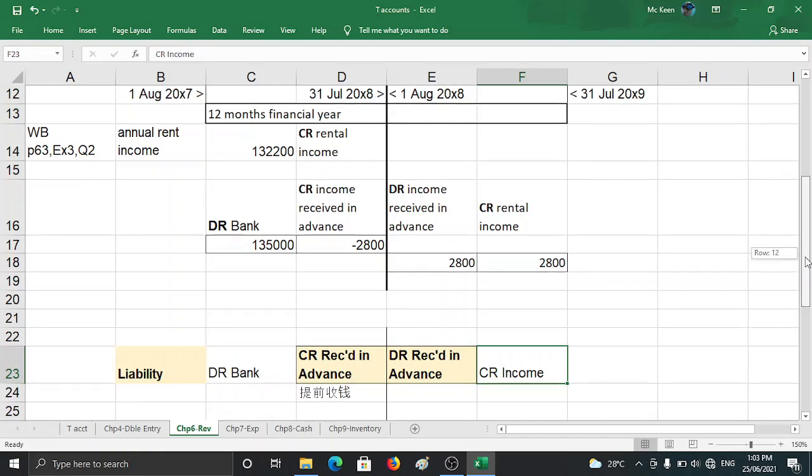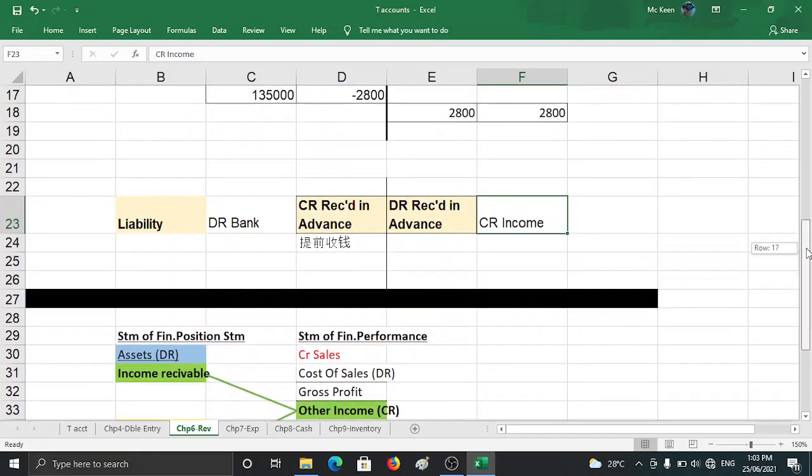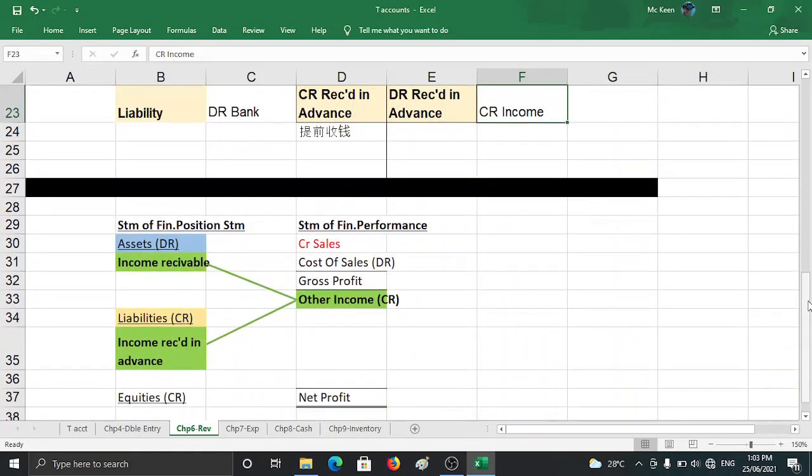Okay, so to summarize, how can income be asset and liability all at the same time? As the example illustrated, when you have not received the money, it becomes a receivable account, so it's an asset, income receivable, because you have to debit this account and credit your income for the financial performance for the year.